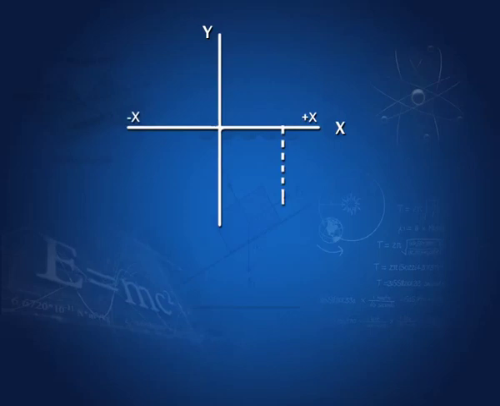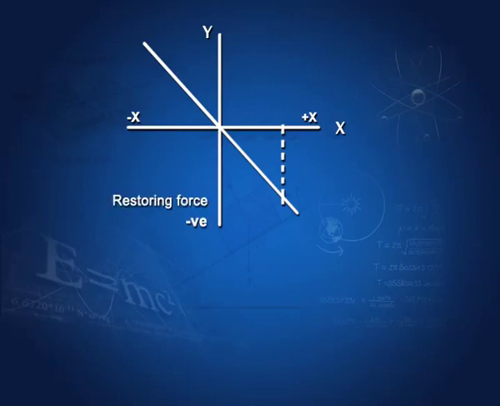Please continue to think about the earlier example of the horizontal springs. And if you were to talk about the force extension curve, it will look like this. Why? Because the restoring force was negative when the displacement was positive, and it was positive when the displacement was negative. So, this is the kind of graph you will get.